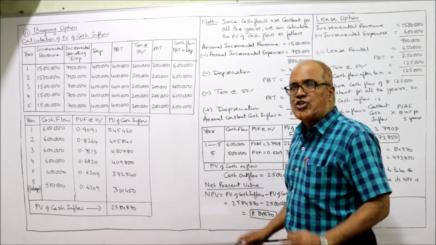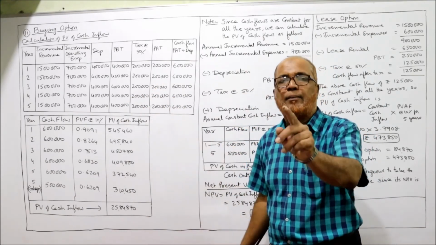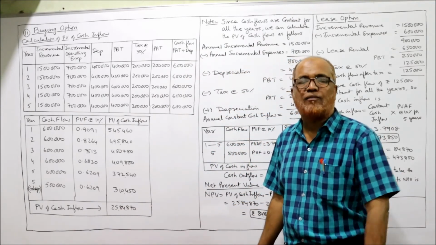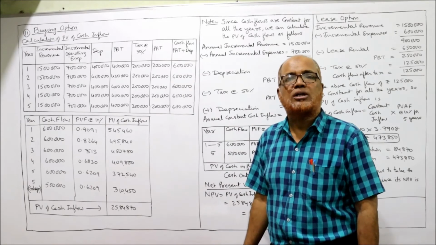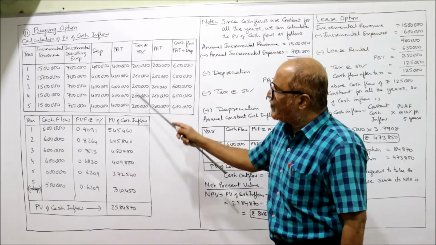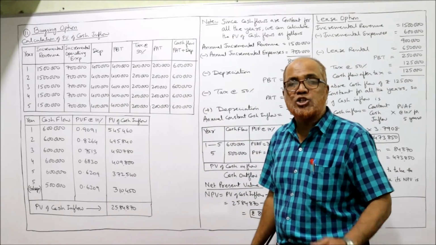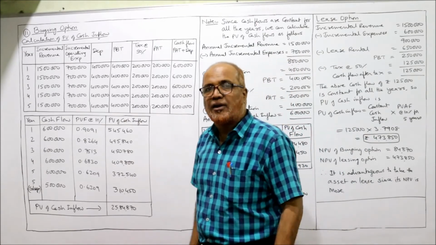Now, one shortcut method. This is the long method of calculating. These two tables I have prepared mainly to calculate the present value of cash inflow. The same calculation we can do by the shortcut method also. Instead of taking all these values in such a big table, consuming a lot of time, we can reduce our time by using the shortcut.